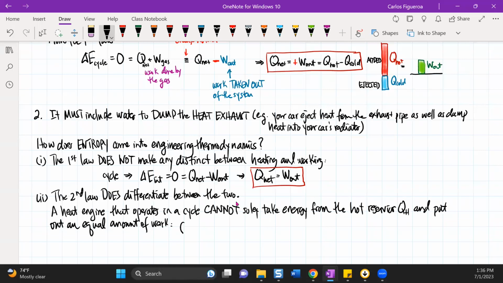In other words, Q hot cannot equal the work out. Okay, it cannot do that.